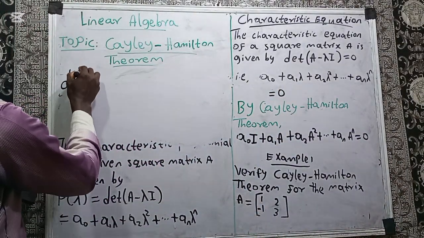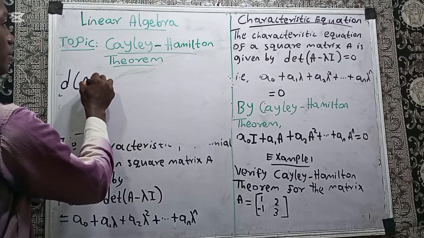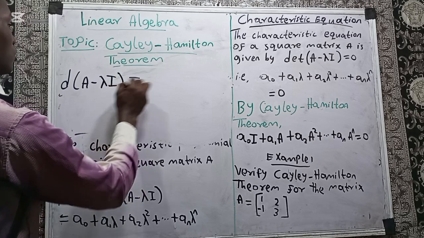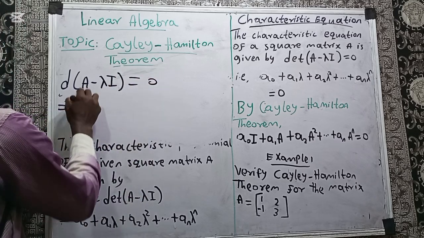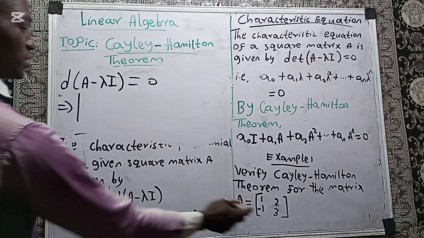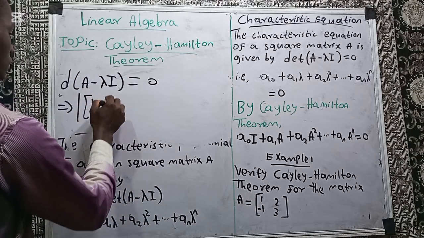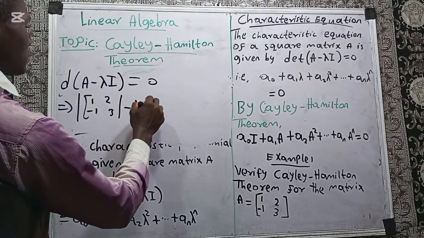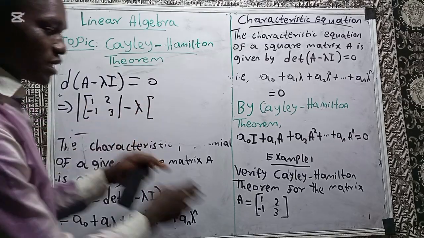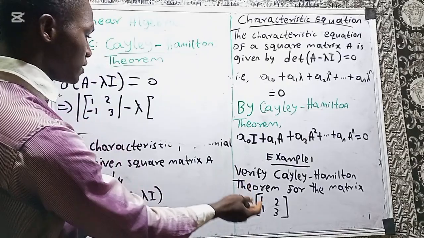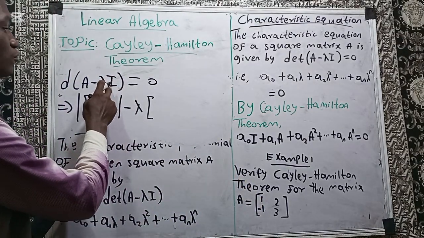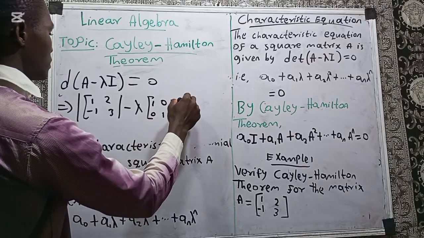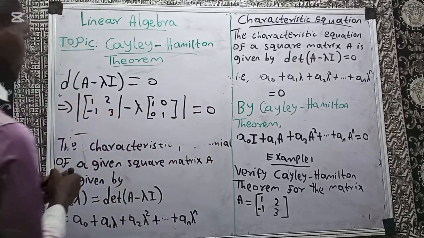We compute the determinant of A minus lambda I and set it equal to 0. This implies the determinant of matrix A, that's 1, 2, negative 1, 3, minus lambda multiplied by the identity matrix. Because matrix A is a 2 by 2 matrix, the identity matrix is also 2 by 2. Then you set the determinant equal to 0.